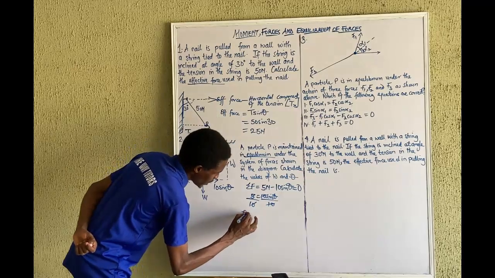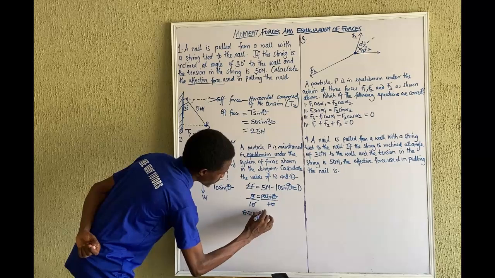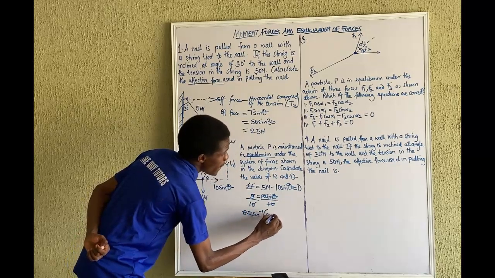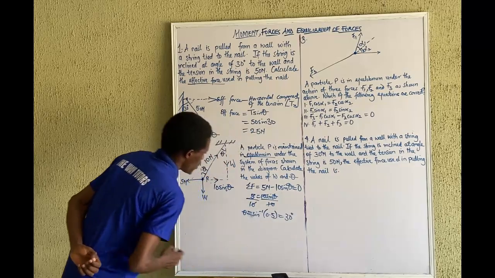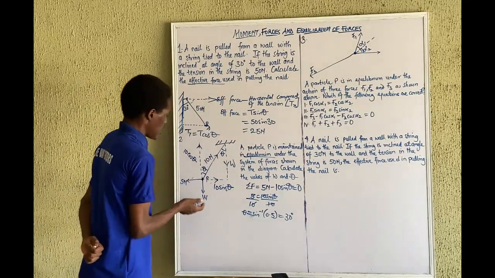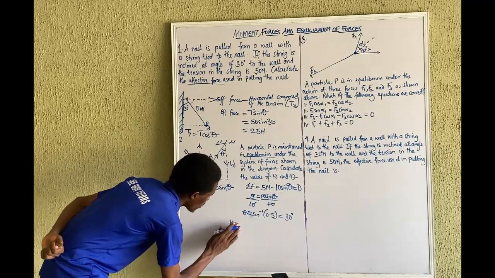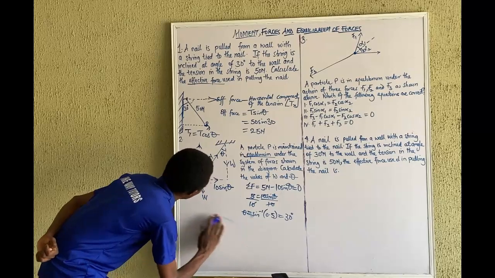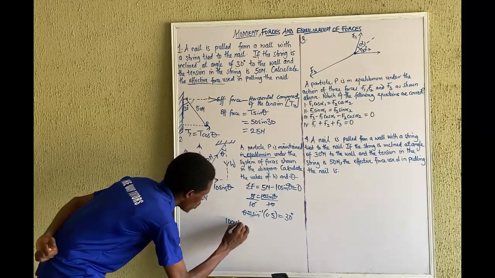That means that theta equals sine inverse 0.5, which is 30 degrees. Then the next, I can go ahead and solve for W using the same concept. Let's put the positive at the right side, following the normal quadrant.